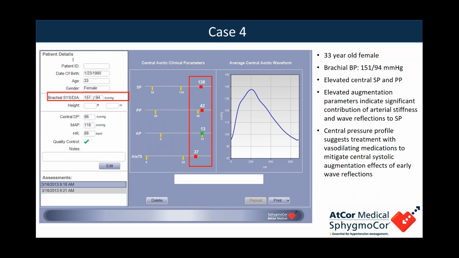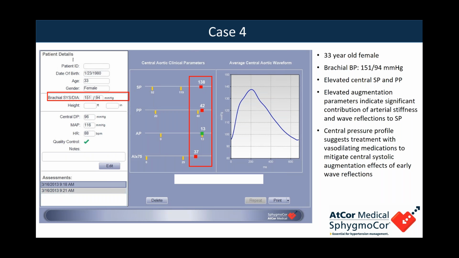Another case of a young female with a very ugly central blood pressure evaluation. She has a brachial blood pressure that's 154/94. And again, as we know, this does not necessarily correlate with poor central blood pressures, but she also has elevated central systolic blood pressure, elevated central pulse pressure, borderline elevated central augmentation pressure, and an aortic augmentation index that's elevated as well.